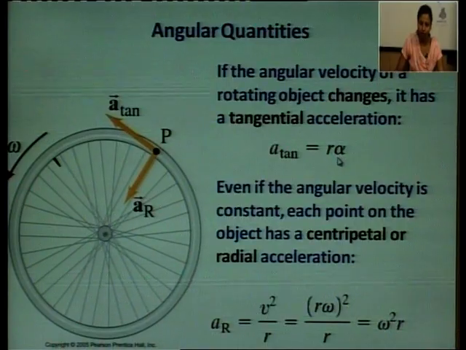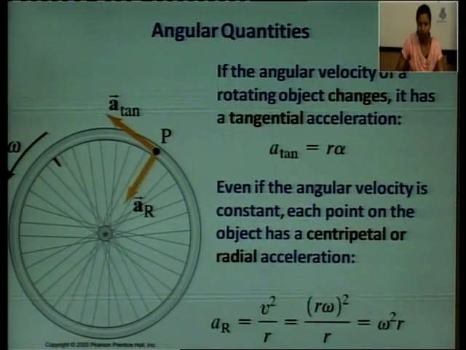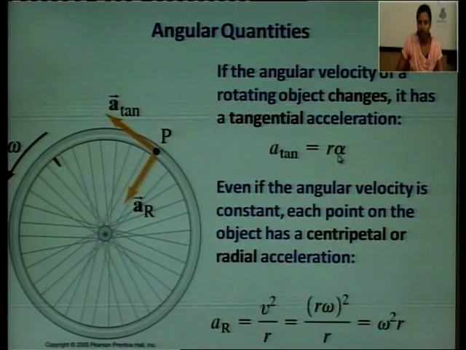If the body is moving with constant angular velocity, that is alpha is 0, then tangential acceleration is 0. If the body is having non-uniform circular motion, then alpha is non-zero, so tangential acceleration is non-zero. So this term tangential acceleration we will define for non-uniform circular motion.